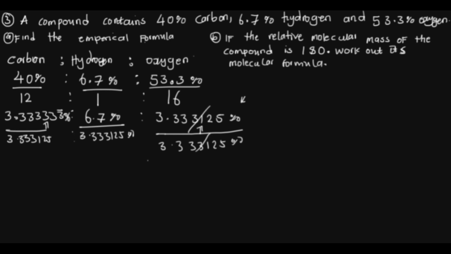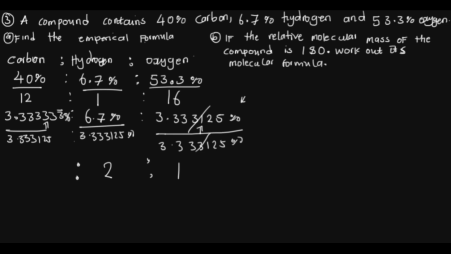So 6.7 divided by 3.33125, we have 2.010, so we can just say 2, round it off to the whole number.